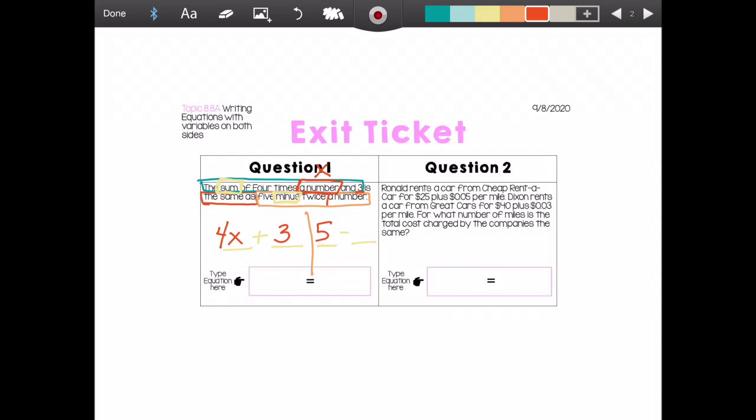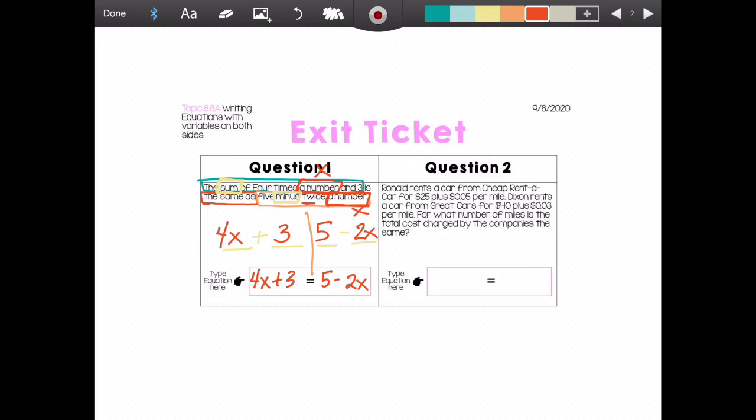Again, here's that variable, a number. We don't know it, but this says twice, and twice stands for 2. So this is 2x. So for number 1, you should have had 4x plus 3 is the same as 5 minus 2x. Hopefully you got that right. Give yourself a pat on the back if you did.